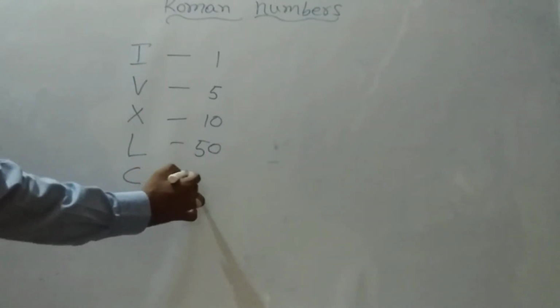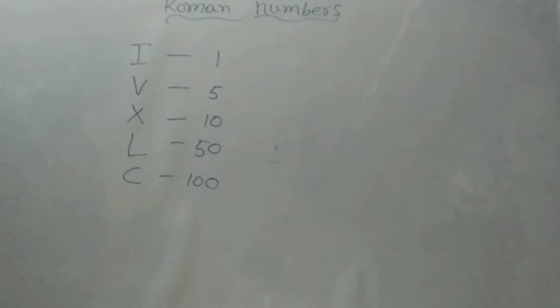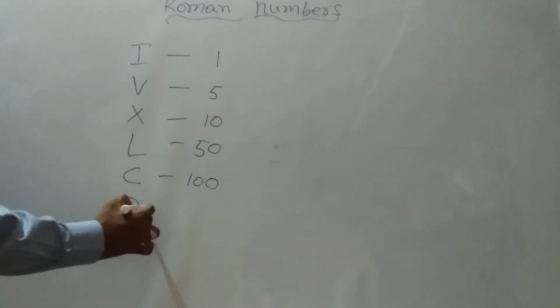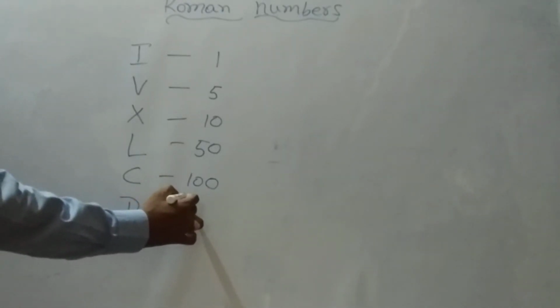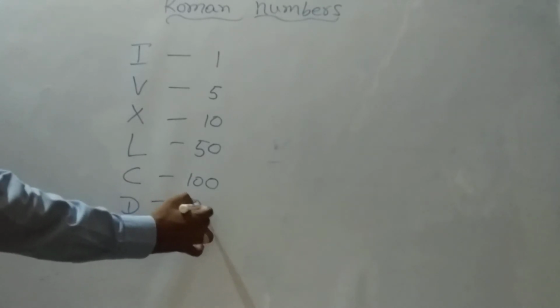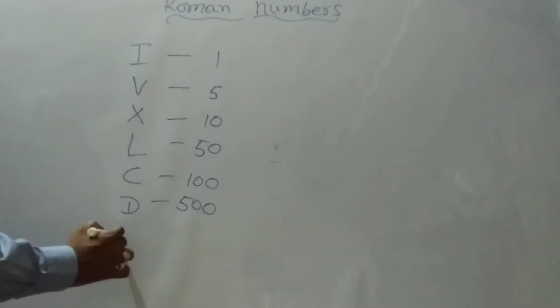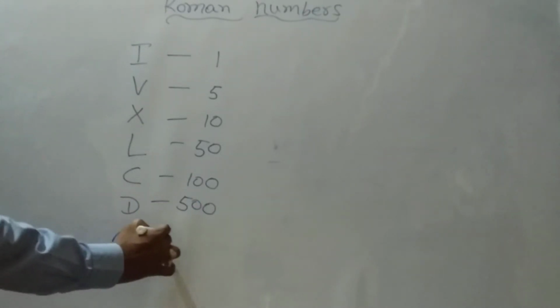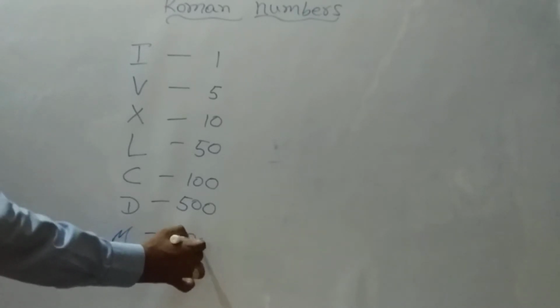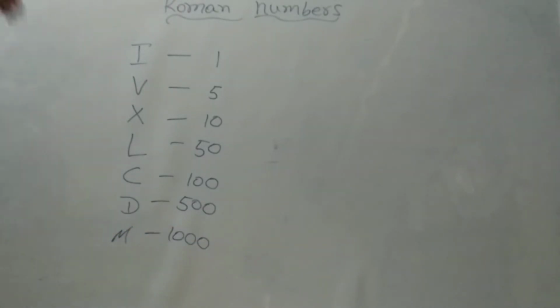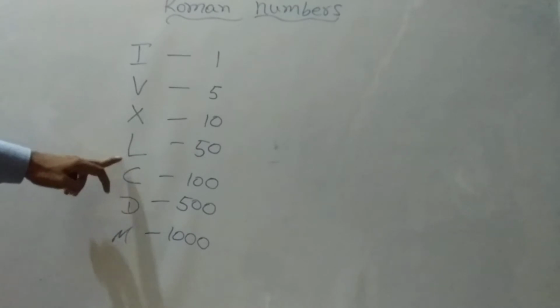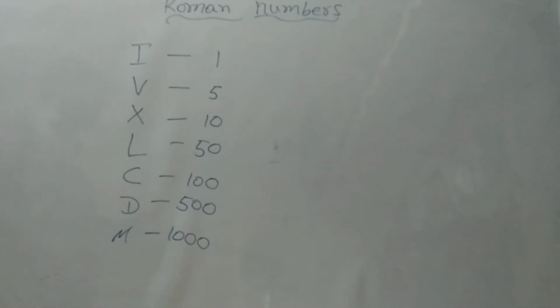C, 100. D, 500. M, 1000. How many symbols? 1, 2, 3, 4, 5, 6, 7. We have only 7 symbols.